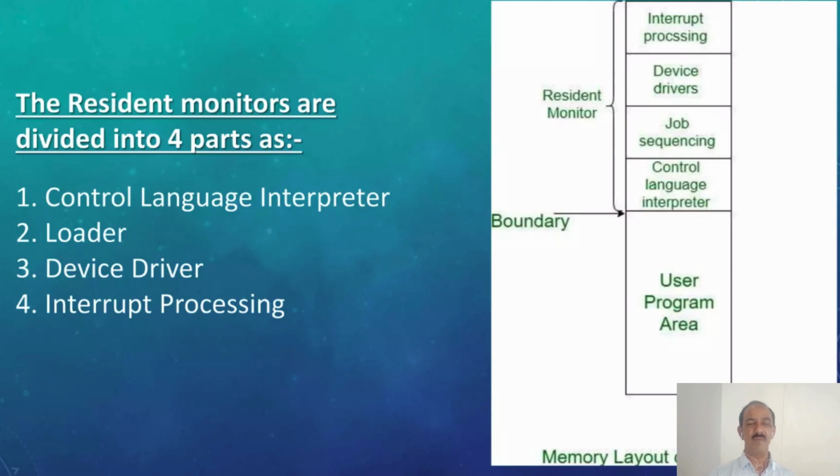After scheduling, the resident monitor loads the programs one by one into main memory according to the sequence. One more important fact about the resident monitor is that when a program executes, there is no gap between program execution and the next one, so processing is faster.